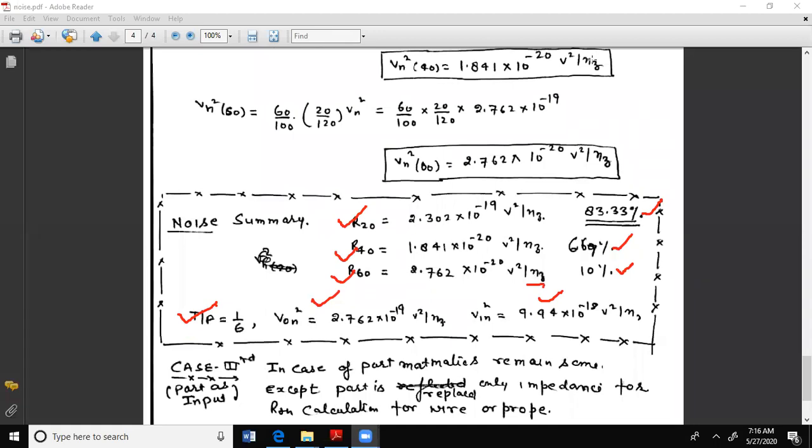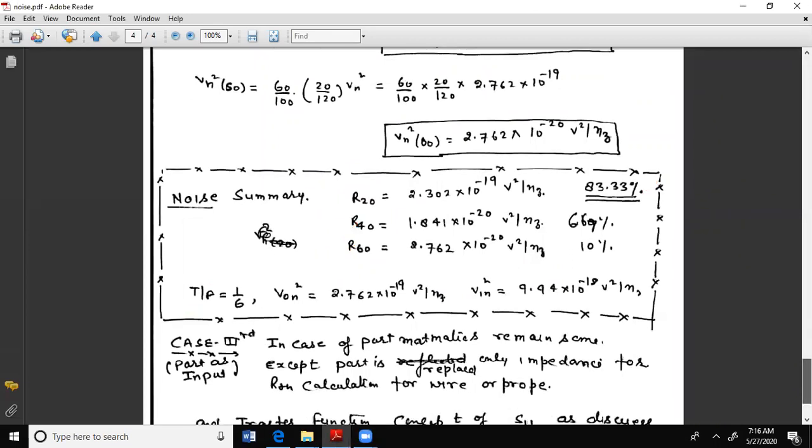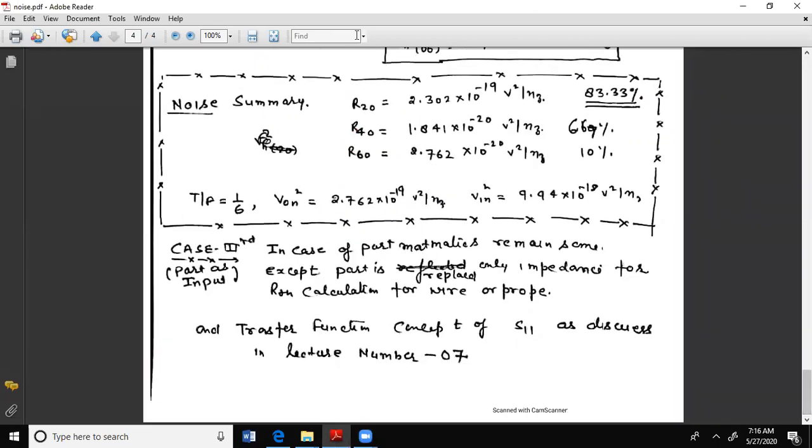Now case third. In case third, we can take the port as the input terminal. When you consider the port as the input terminal, or at the output, you can take the bias or the probe.